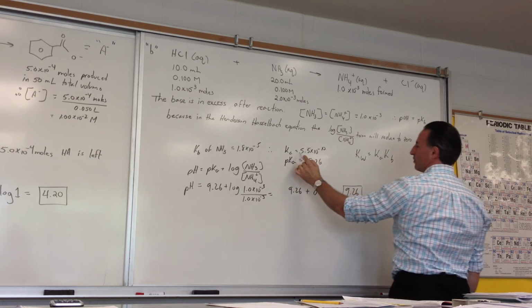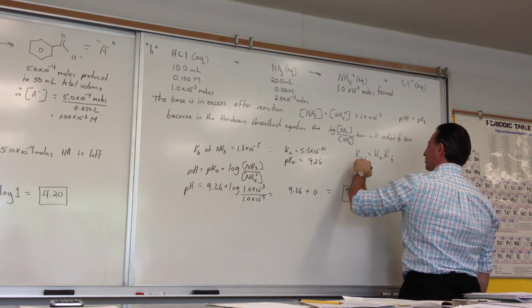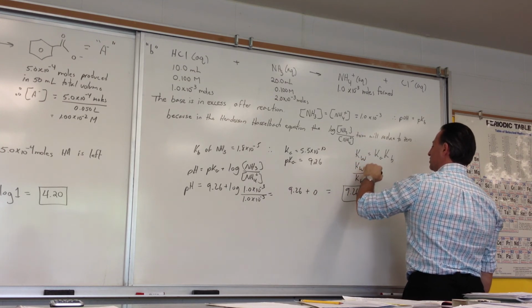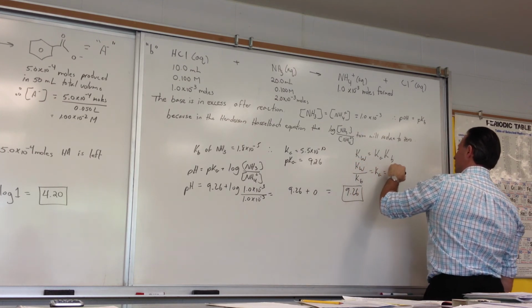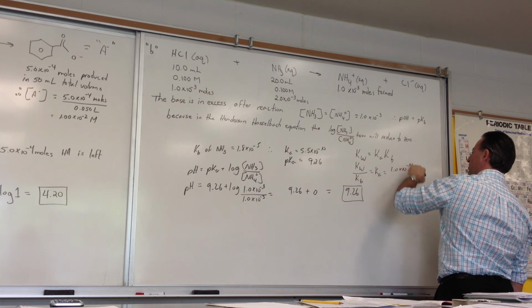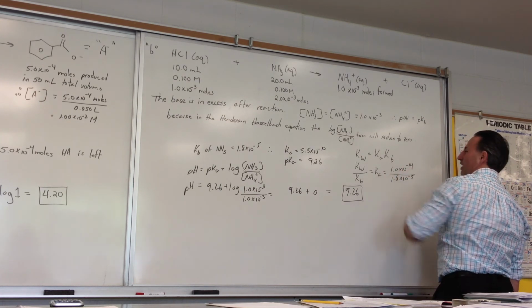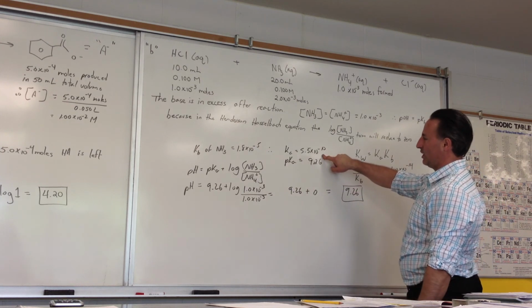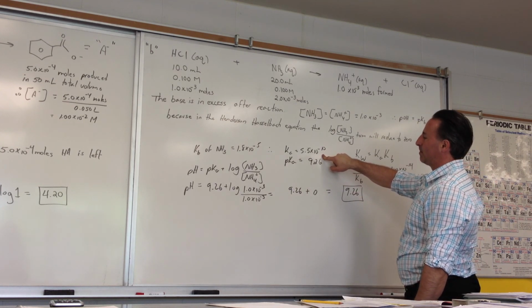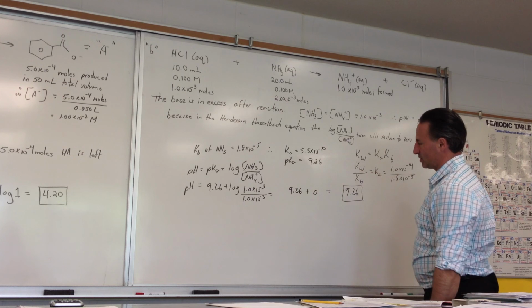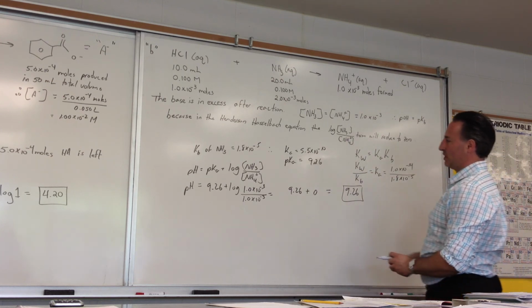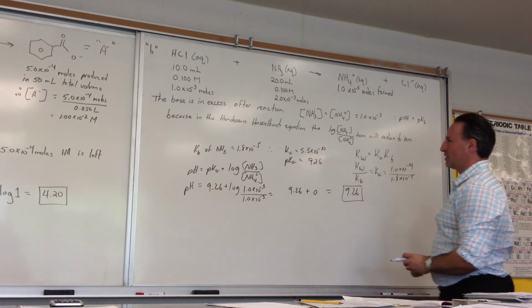So if you solve for Ka, Kw over Kb is equal to Ka. In this case, it's 1.0 times 10 to the minus 14 over 1.8 times 10 to the minus 5. And that's where I got this number for the Ka of ammonia. And then the pKa is 9.26. And as it turns out, pH equals pKa in this problem. The answer is 9.26.